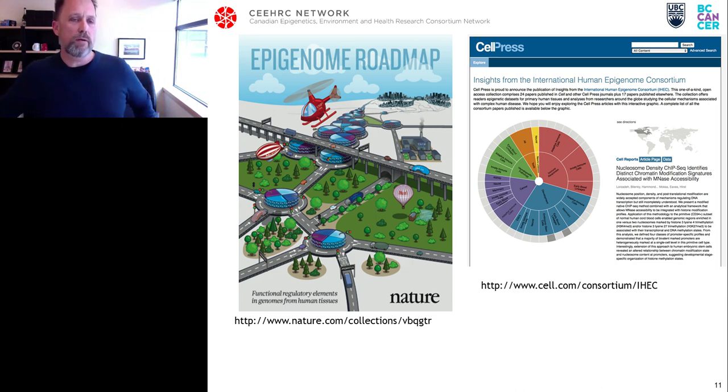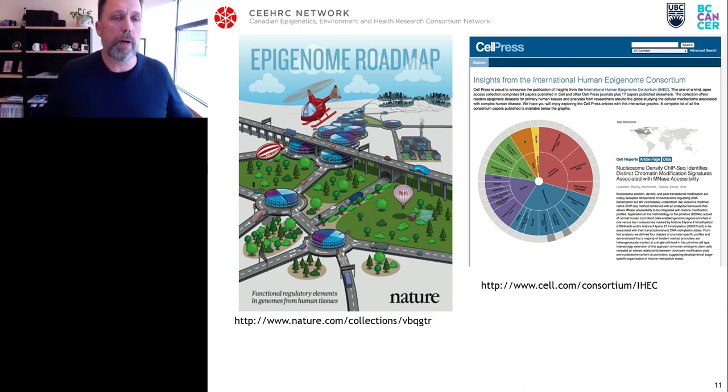These reference maps are published through public repositories, but are also available or have been published in these collections of manuscripts, first within a Nature compendium, shown on the left, and more recently within a package of Cell papers. And currently the next iteration is being worked on.